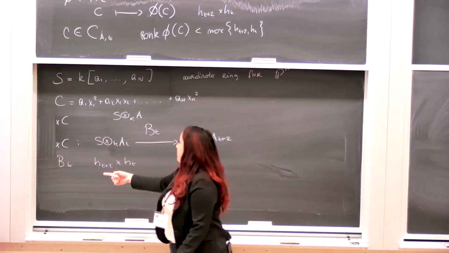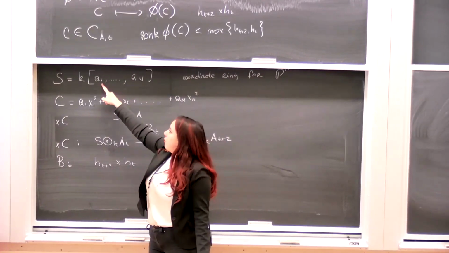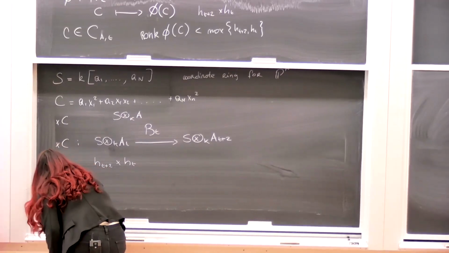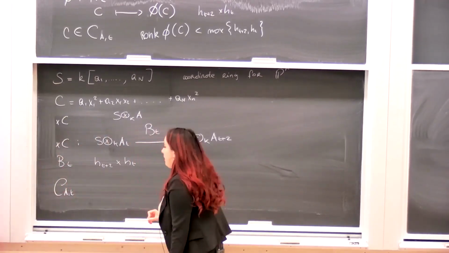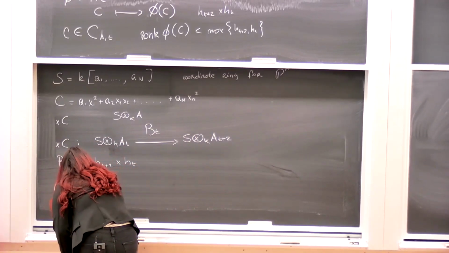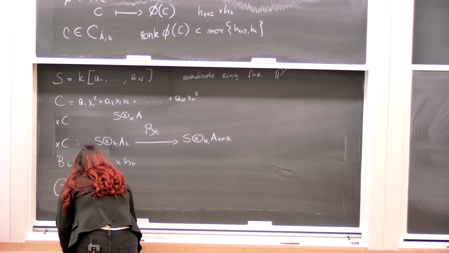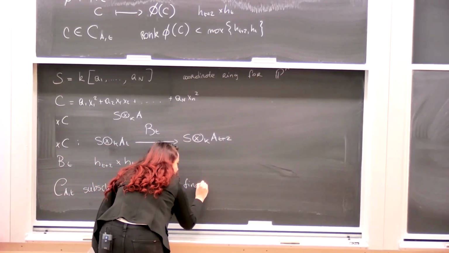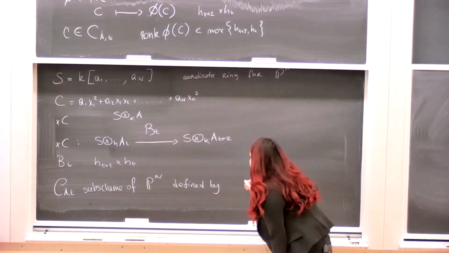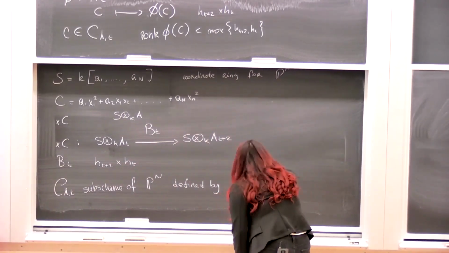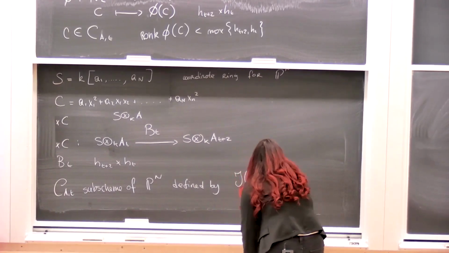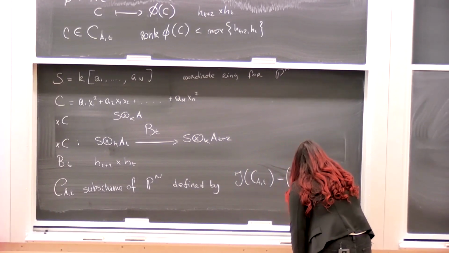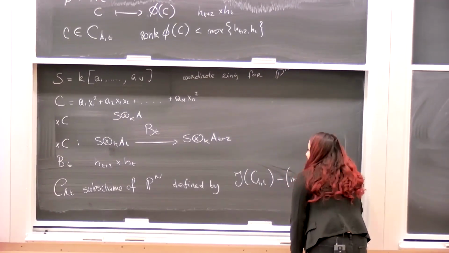So each entry is a linear form in these variables. And therefore, we can define the non-Lefschetz locus in degree T as the subscheme of P^N defined by the maximal minors of this matrix, I of CA,T is the ideal of maximal minors of BT.